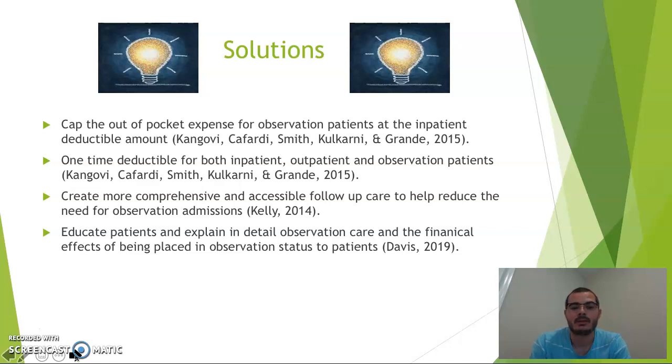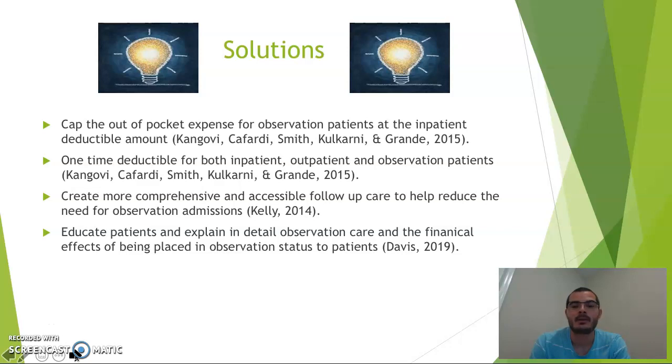Create more comprehensive and accessible follow-up care to help reduce the need for observation admissions. This is a strong suggestion too. It hits two birds with one stone, to be honest. Patients can still stay in observation status and that doesn't change, but it would also improve outpatient care, which would be a secondary goal for this solution, where patients can get better follow-up care.